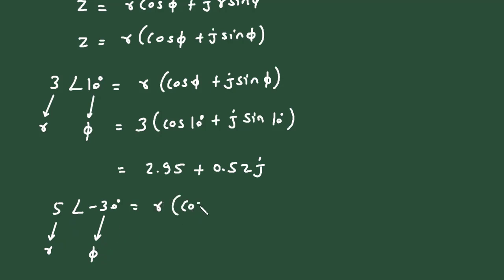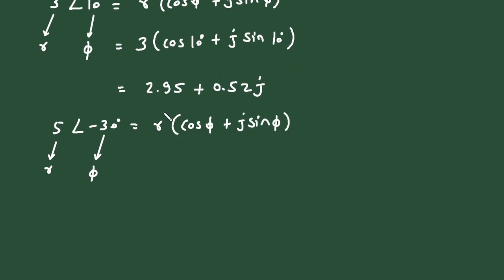So R in bracket cos phi plus j sin phi. R value is 5, cos phi value is minus 30 degree plus j sin phi value is again minus 30 degree.